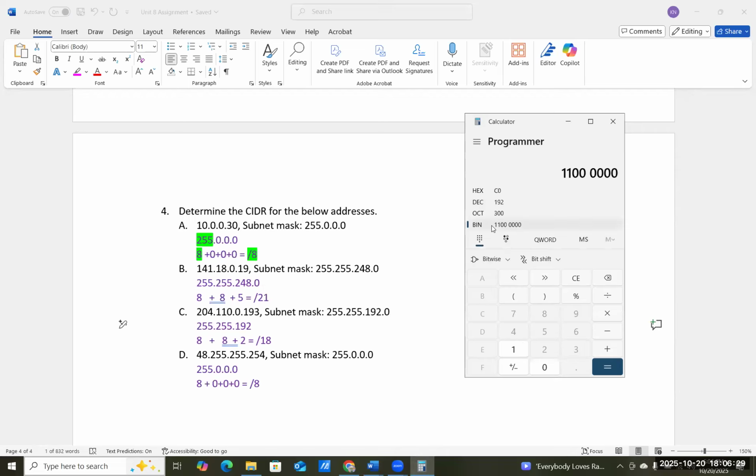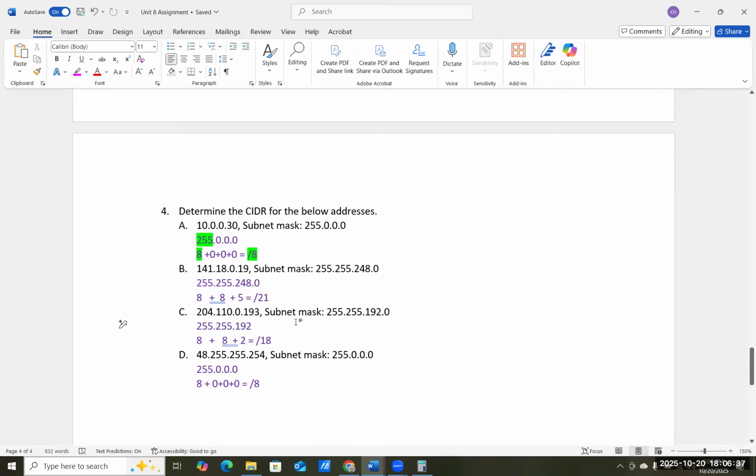And then I click the binary. I see that there are 2 bits. So it borrowed 2 bits. So I would add the 2 plus the 0, which gives me CIDR 18. So 8 plus 8 is 16, plus 2 is 18.